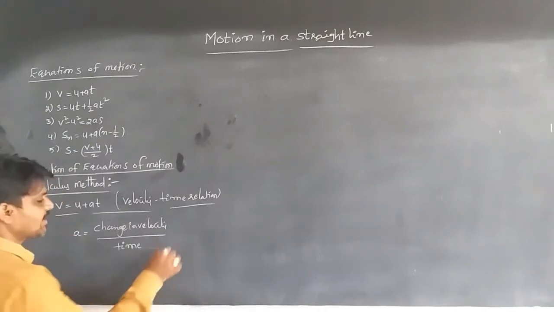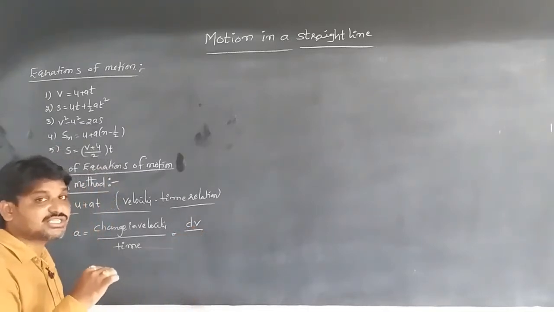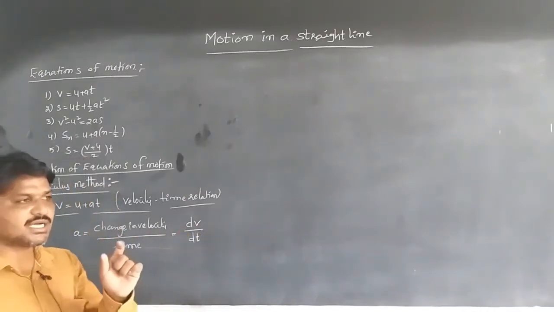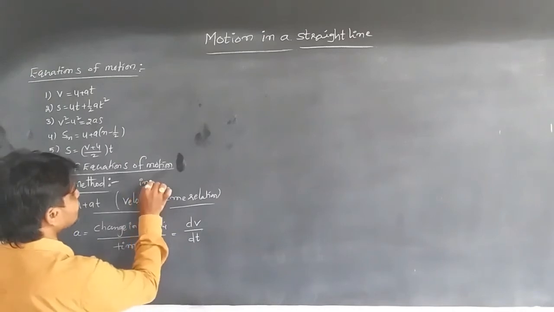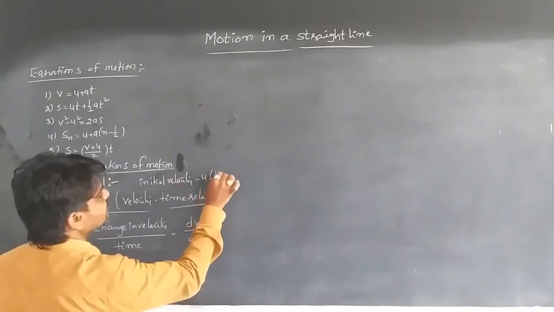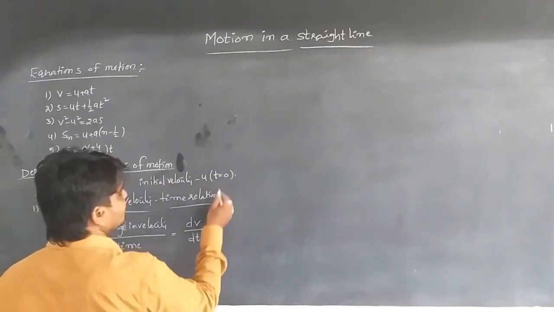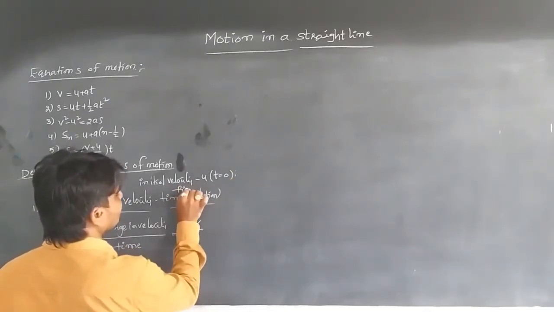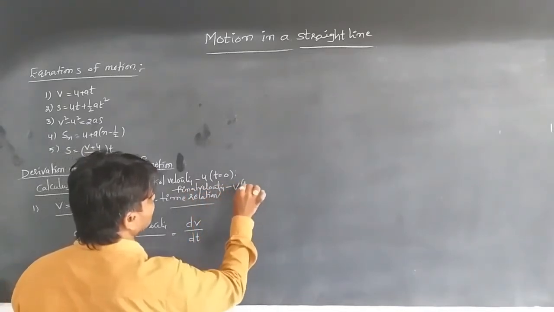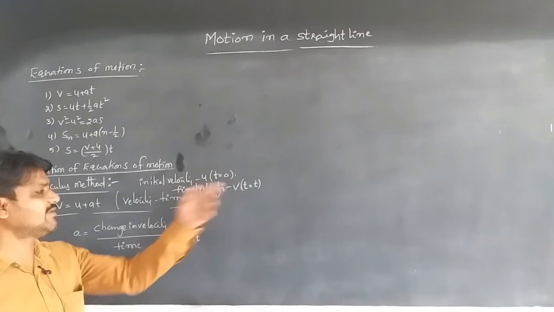So from this formula, the change in velocity is dv, and the time changes from initial 0 to t, so the change in time is t. When a body is moving with initial velocity u at time t = 0, and after traveling some distance in t seconds it has final velocity v.